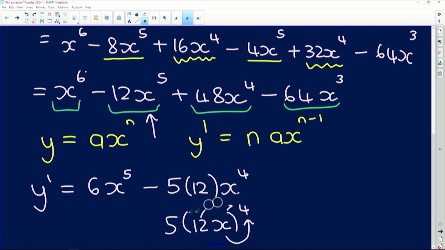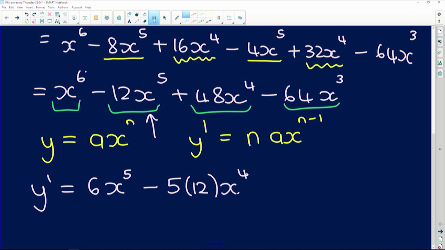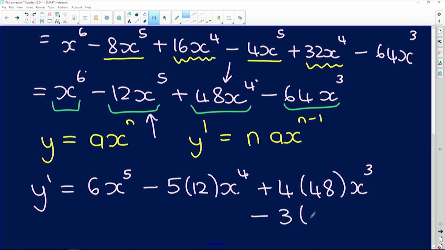Okay, so make sure you don't make the same mistake that I did. Okay, so that's the second term there. If we move on to the third term, we say the exponent multiplied by the original coefficient multiplied by x raised to 1 less than the original exponent. And then that last term, take the exponent to the front, multiplied by 64, multiplied by x squared.